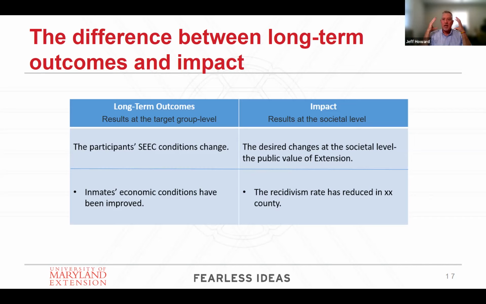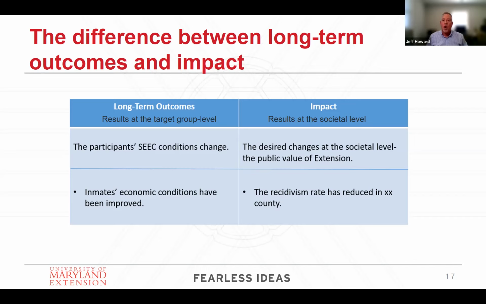So again, the reason I'm emphasizing this now is because when we're doing these program plans and we think about the bigger picture goals, we have to really think about what ultimately do I want to get to. For many of us in the organization, maybe it's an increase in profitability for individuals. Maybe it's a decrease in the incidences of foodborne illnesses that then lead to medical costs.